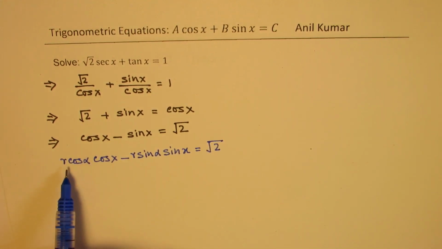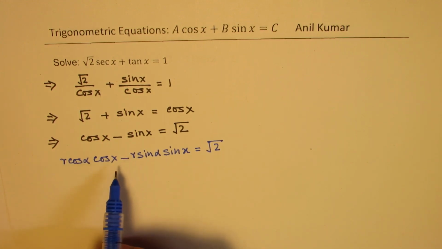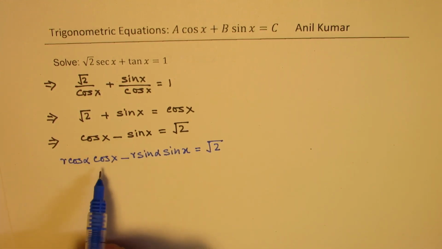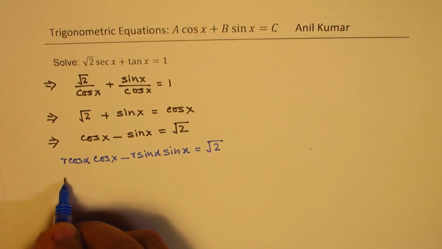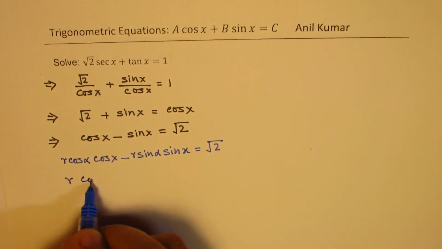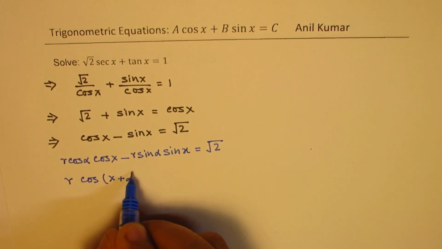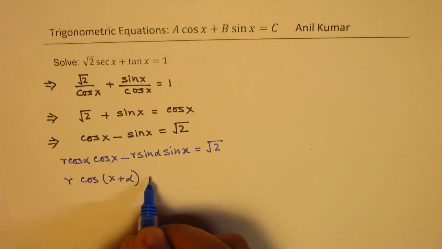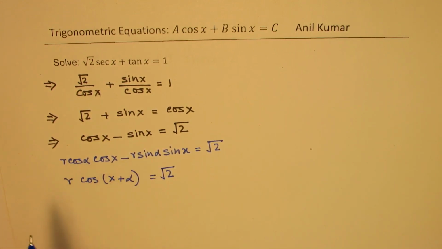Now, the idea of writing r cos alpha, r sin alpha is basically to write this in one particular trigonometric ratio, which is cosine. Now here, the left hand side can be written as r of cos of x plus alpha, right? And equal to square root of 2. Now how did we get this equation?